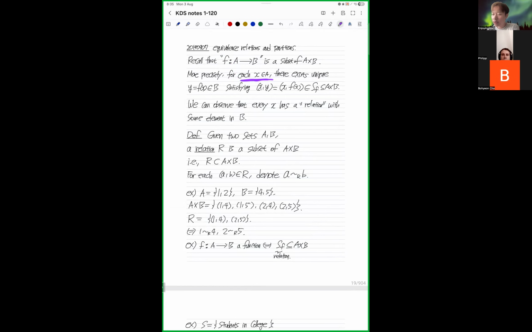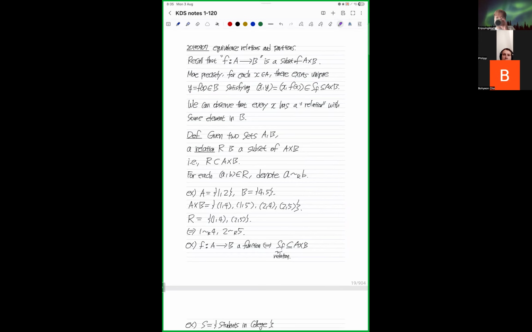So for each a means every element in the domain, and there is a unique b, and unique means there should be only one mapping for each. I was thinking about this word unique: if you think of it with respect to elements in X, that's not necessarily true.